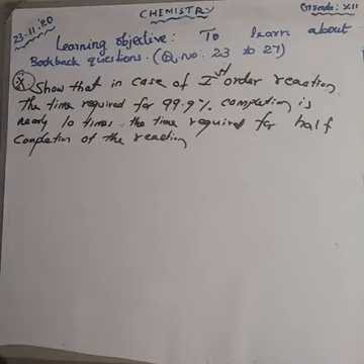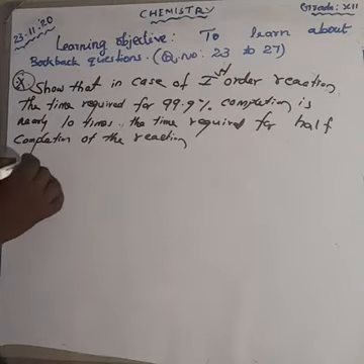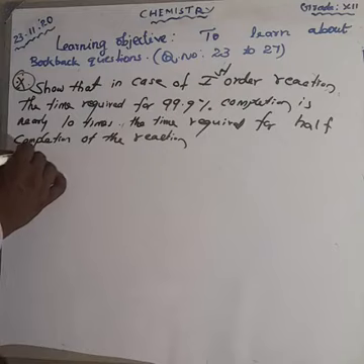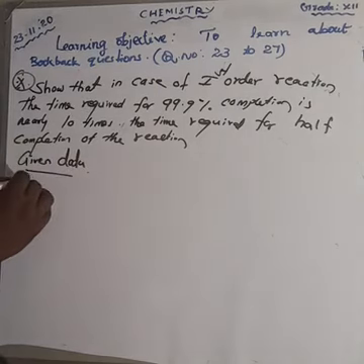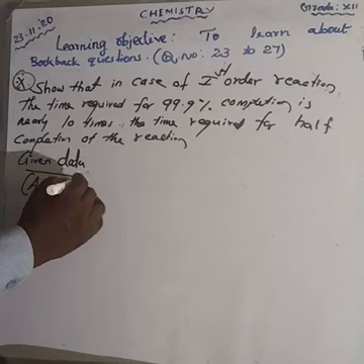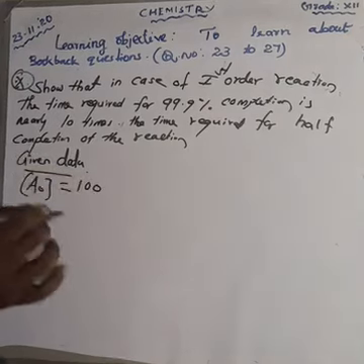It's a question. So what are the data given? A naught is equal to 100, this we know.